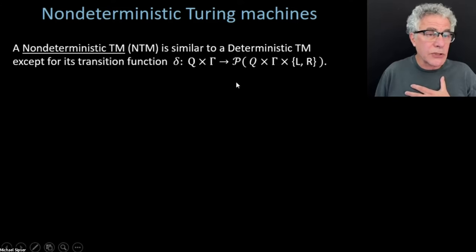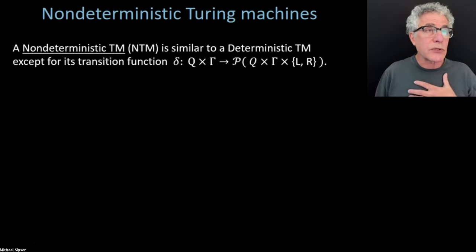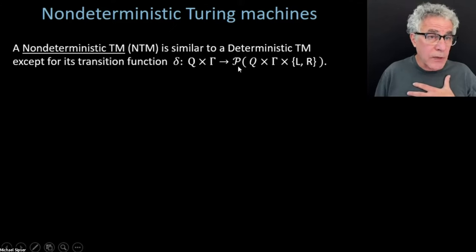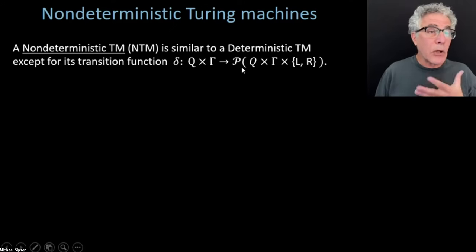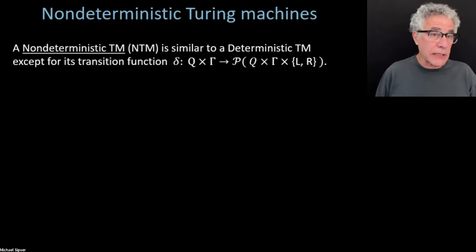So remember, we mentioned this briefly last time. The non-deterministic Turing machine looks exactly like a deterministic Turing machine, except for the transition function, where we have this power set, which allows for multiple different outcomes at a given step instead of just a single outcome as in a deterministic machine.